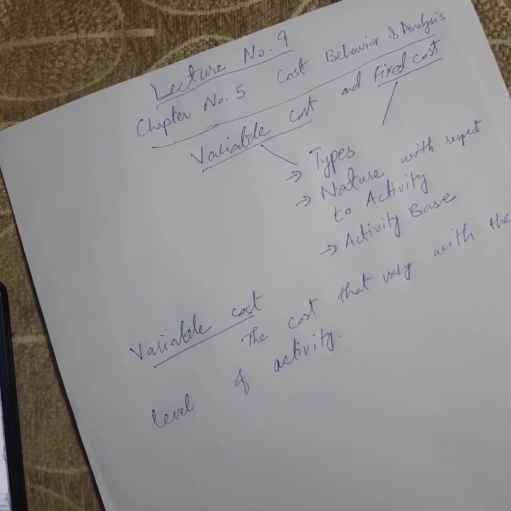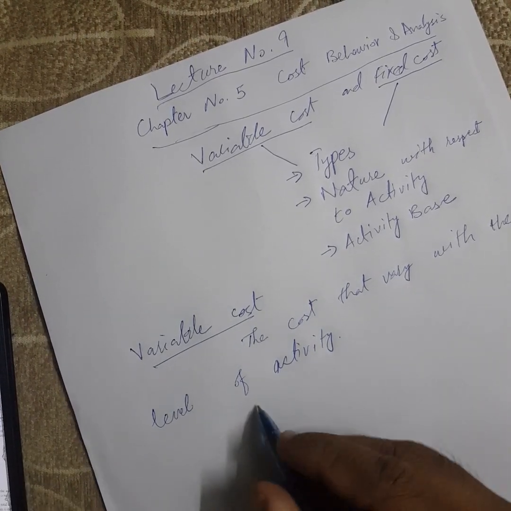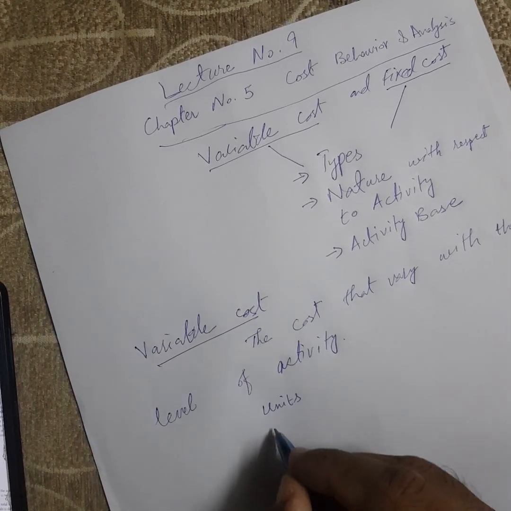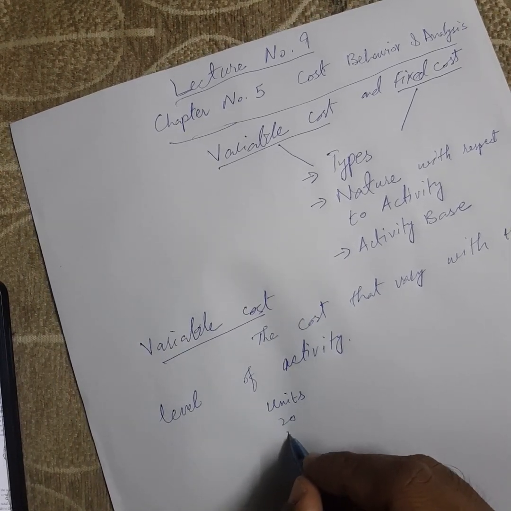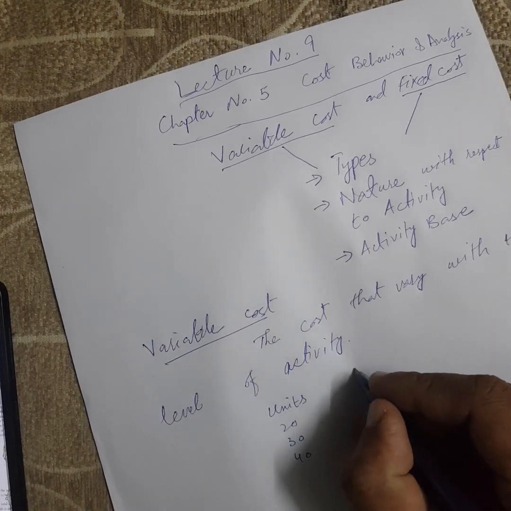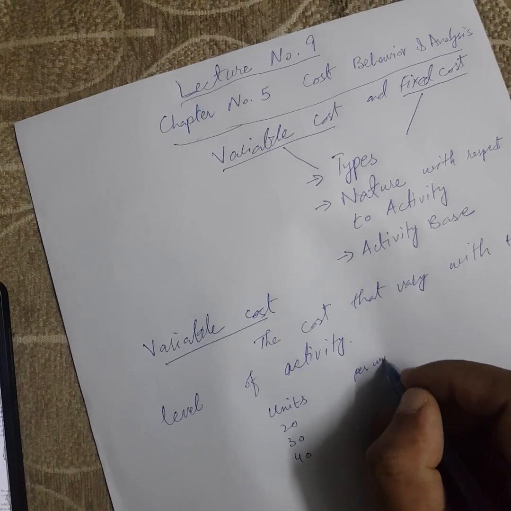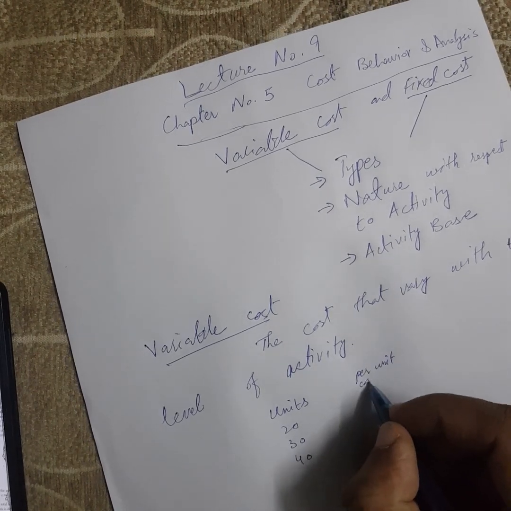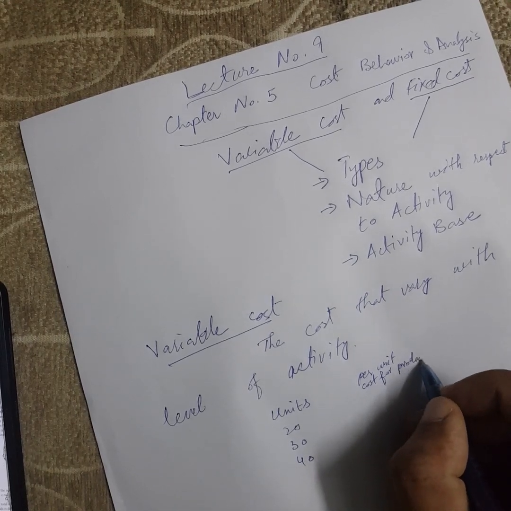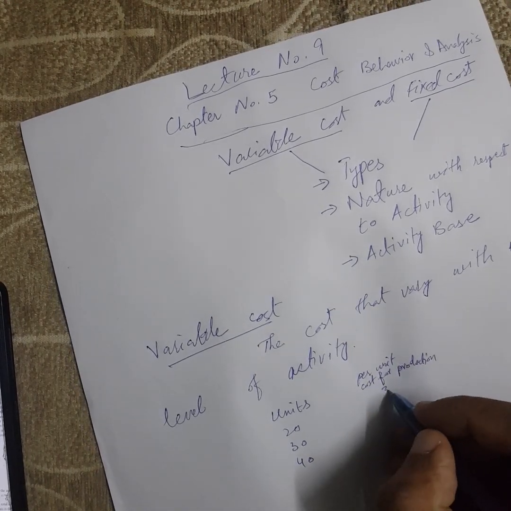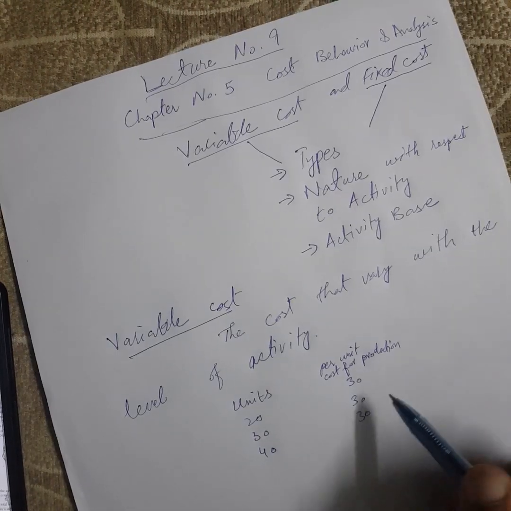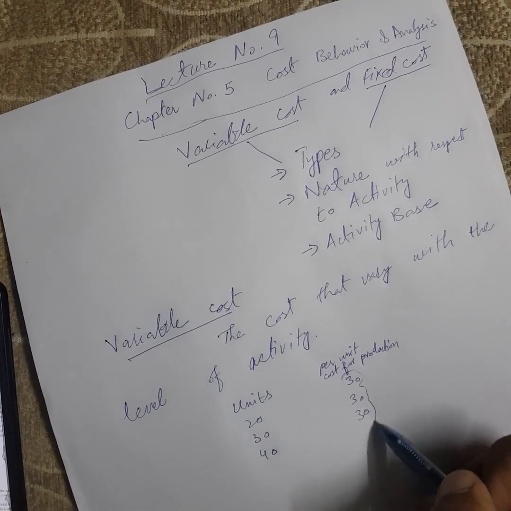Its example is this: if we have units 20, 30, 40 and the per unit cost for production is 30, it will remain the same as it is the per unit cost.